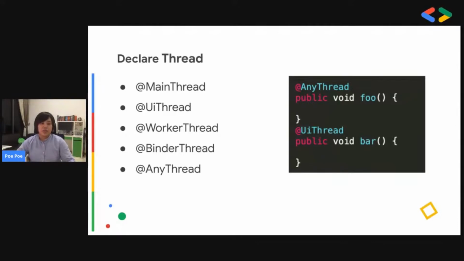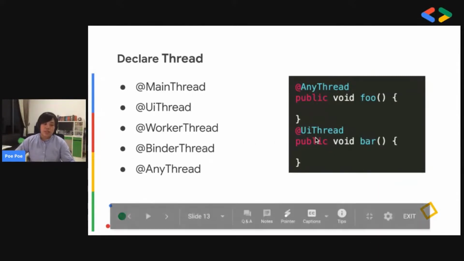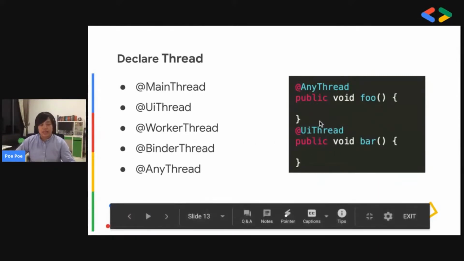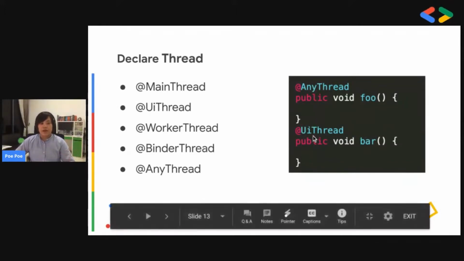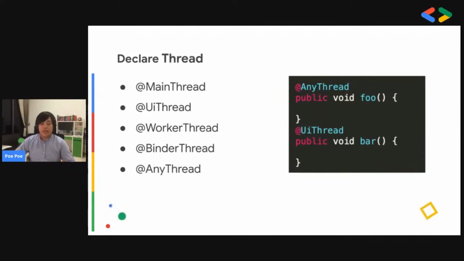So here I have a method, and I denote it as any thread. You can call from any thread, or maybe you just want it from the UI thread or main thread. Then you just annotate it, and the IDE will have a lint warning if I call from any other thread. So this is also a good way of letting the developer know that this function can only be called from a certain thread.